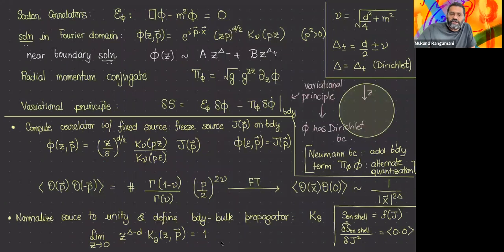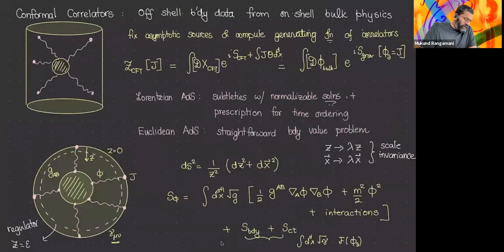There's another way to do the calculation, which is equivalent, but nicer for doing higher point functions, which is to view this calculation as propagating a field from a source on the boundary into the bulk, as I was describing before. So imagine you turn on J here, and then you ask, how does it source the corresponding field into the bulk?